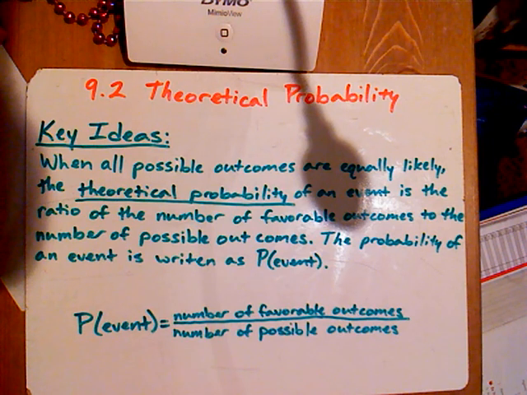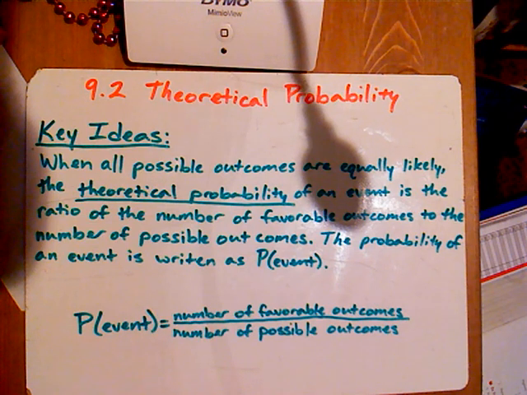So the main key idea for this lesson is when all possible outcomes are equally likely, the theoretical probability of an event is the ratio of the number of favorable outcomes to the number of possible outcomes.